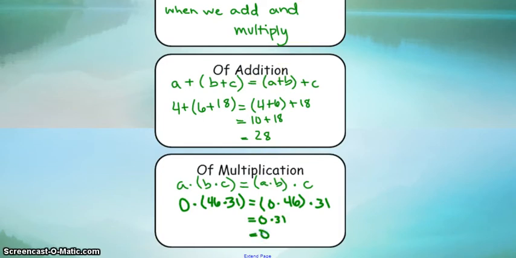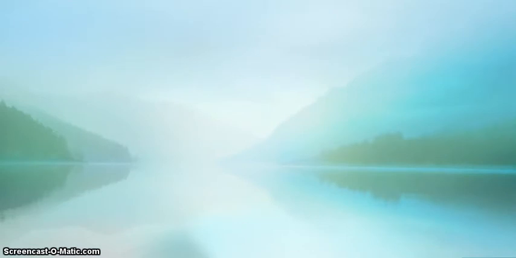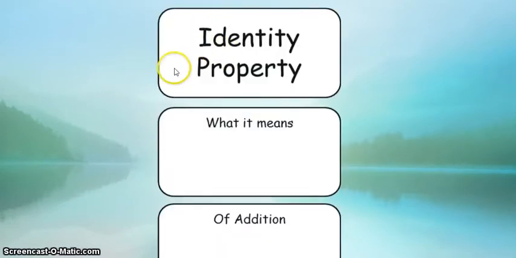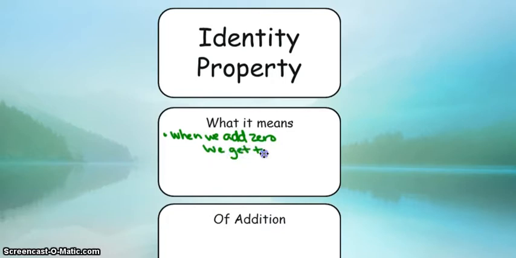Alright, moving on. We have the identity property. Okay, the identity property. There's two things it means. It means when we add 0, we get the same number. It also means when we multiply by 1, we get the same number.